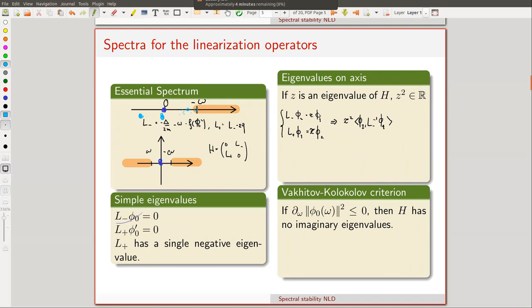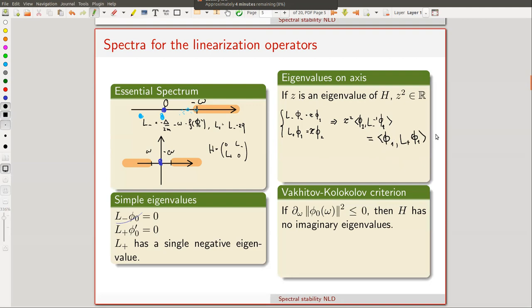You have to check that this phi1 will be orthogonal to the ground state, but this comes from taking inner products in this equation. So you can actually invert L minus when acting on phi1. And then if you go through the computation, you find that this is equal to, I don't remember if it's phi1 or phi2, but I think it's phi1.